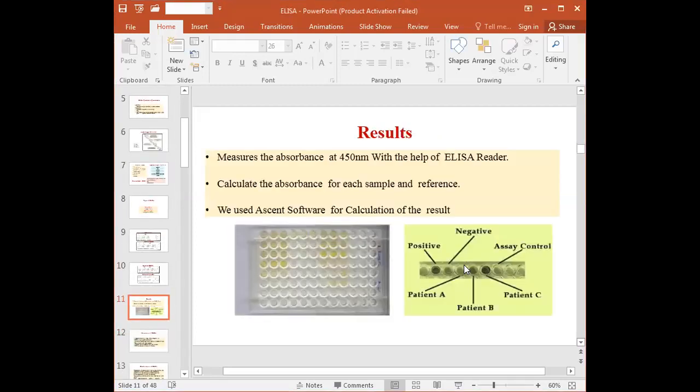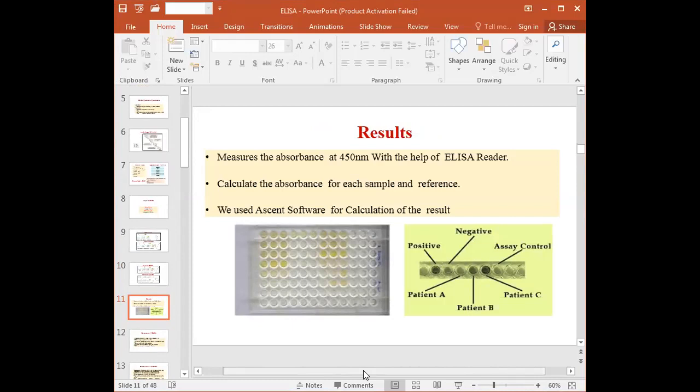Now the last part, that is how to interpret data. So this is the microtiter plate where we can perform the ELISA technique. But here, simply by naked eye, you can identify whether the reaction is positive or not, whether the reaction has taken place or not, or whether the chromogen has formed or not.